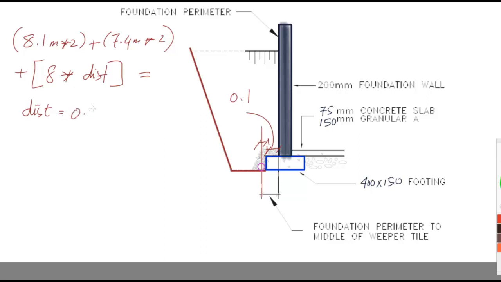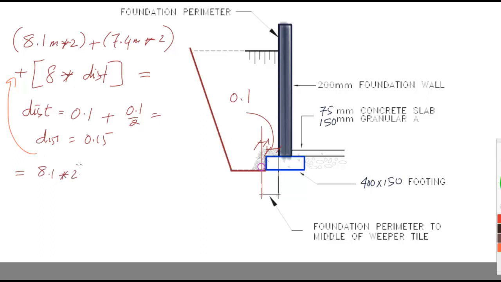The weeper tile is 100 millimeter, meaning 0.1 divided by 2, so the distance is equal to 0.15.